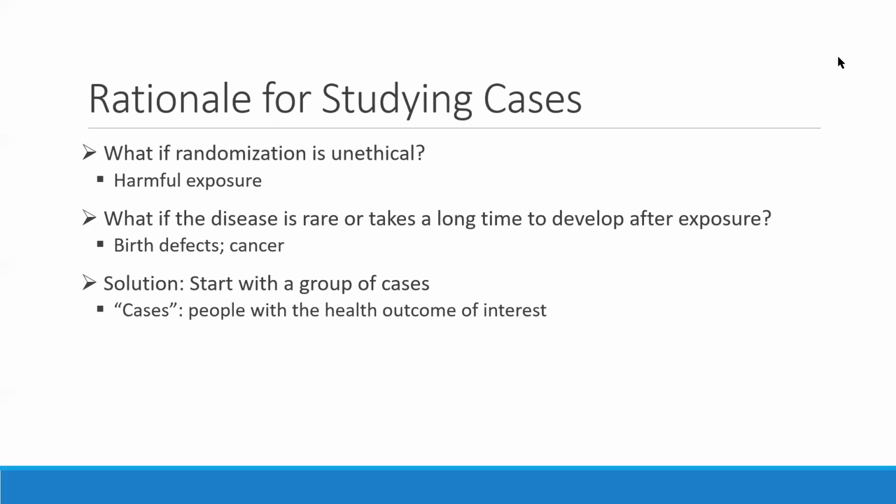The other thing is some diseases, or some outcomes, are very rare. If you go through a prospective design, either a cohort study or a randomized controlled trial, you will not see enough of the outcome to really tell whether there's an association.